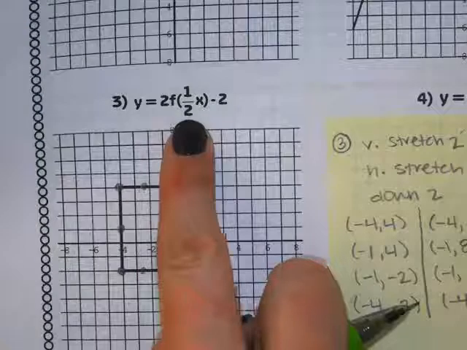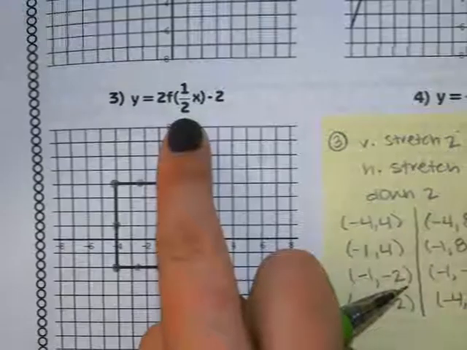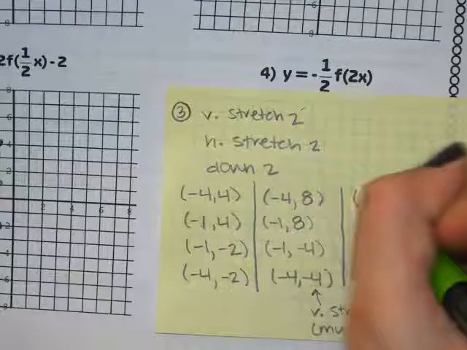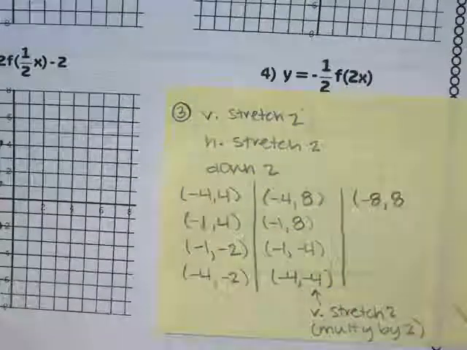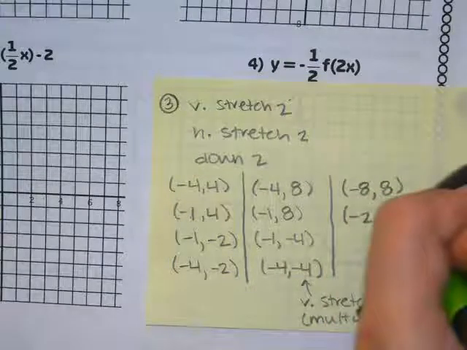So a horizontal stretch is inside the function. That means it happens to x. So I'm going to take all the x values and multiply the x values by 2. So -8, keep the y the same. -2, keep the y the same.